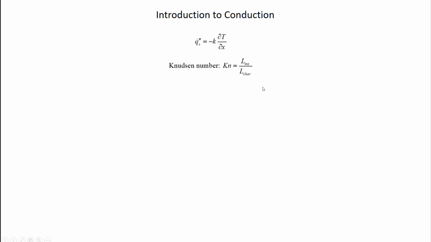And the other case where you might run into a Knudsen number that isn't much less than 1 is if you're working in some kind of a vacuum system or a rarefied gas system, where now you have so few molecules of gas that the gas molecules can actually travel a long way before they hit another gas molecule or a wall. In that case, this l_mfp is getting very large, right? And in that case, the Knudsen number is going to approach 1, and you're going to decide that Fourier's law might break down.